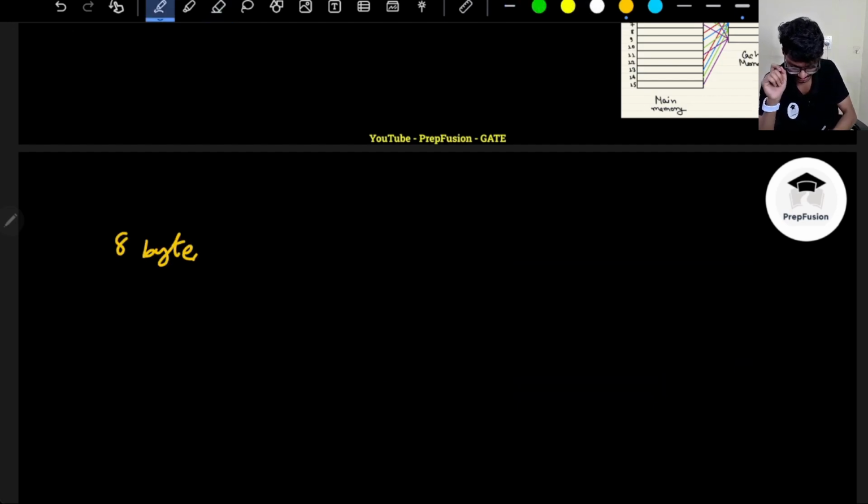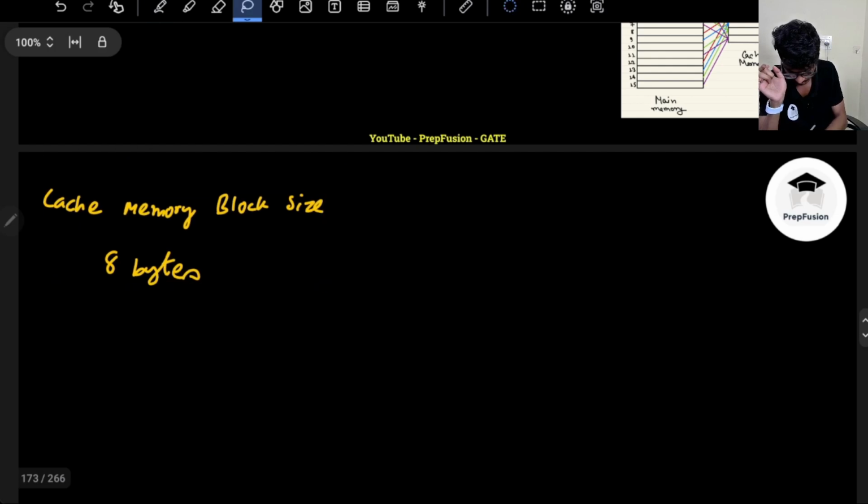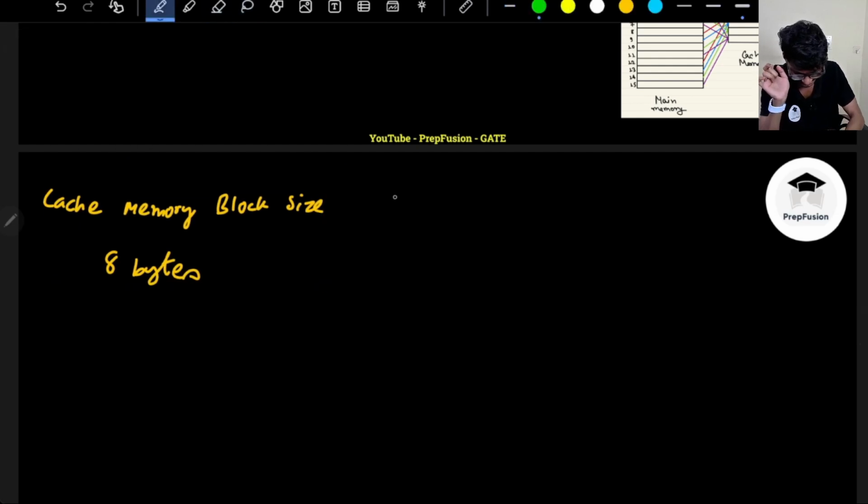This is my cache memory block size, and this is my main memory cell size.